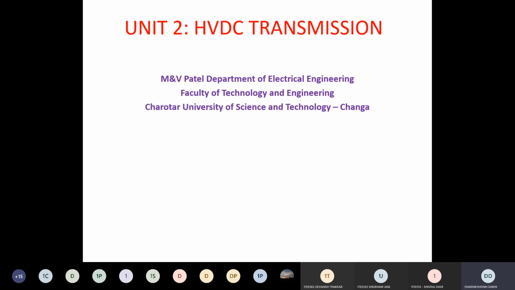So HVDC is not always economical for transmitting power; there is a certain limitation for distance level and huge amounts of power transmission. We will study in this chapter how HVDC benefits as compared to HVAC. There are also some limitations of HVDC, but for certain situations or conditions, HVDC is advantageous as compared to HVAC. Okay, any other?